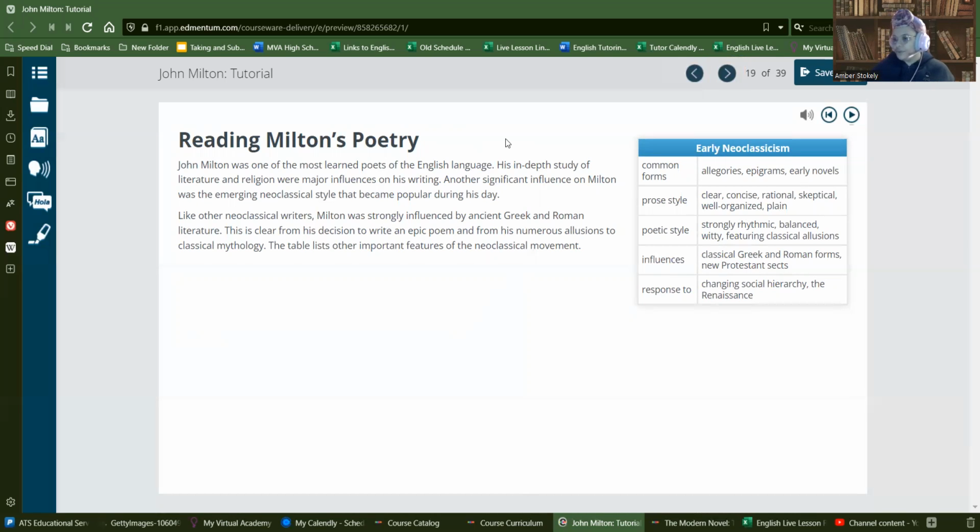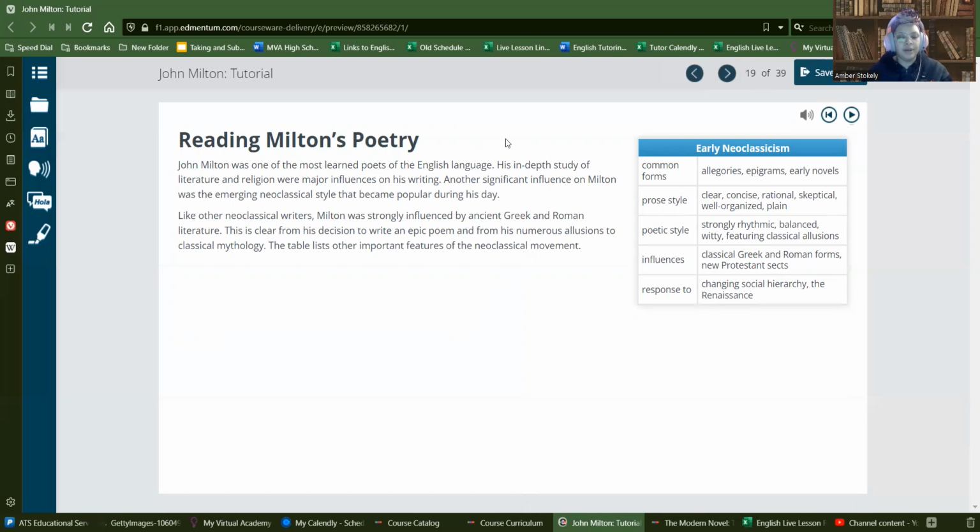So the common forms that are listed here are allegories, epigrams, and early novels. So pretty much allegories are forms where everything in the story is representative of a concept.